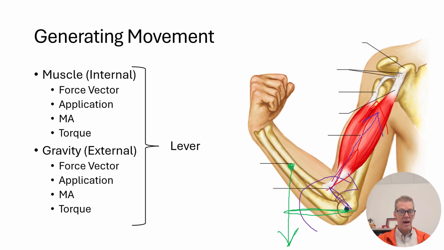If you think about the math, torque equals force times moment arm, that means we need twice as much muscle force as we do gravitational force to stay in static equilibrium, right? Because this is 2 times longer than this, so the muscle force has got to be 2 times greater than the gravity force.